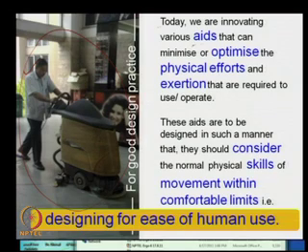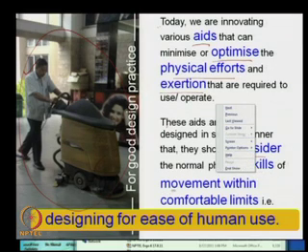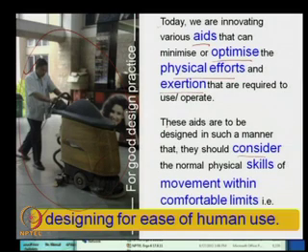Now, today we are innovating various aids that can minimize or optimize the physical effort and exertion that are required to use or operate them. These aids are to be designed in such a manner that they consider the normal physical skill of movement within comfortable limits, that is, designed for ease of human use.